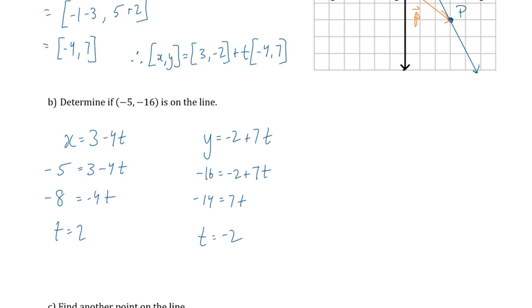But I would have to put negative 2 in for t in this equation to give me the negative 16. So a single t is not going to take me to that point. That's what this is saying. So t is inconsistent.